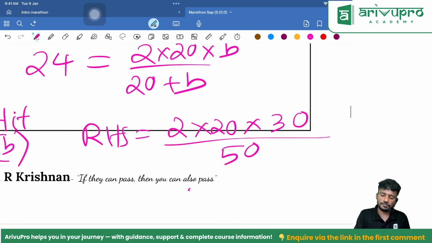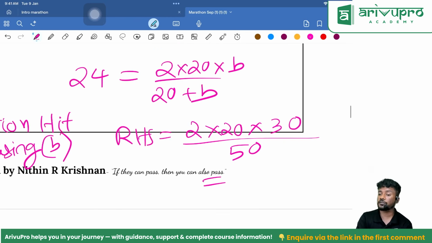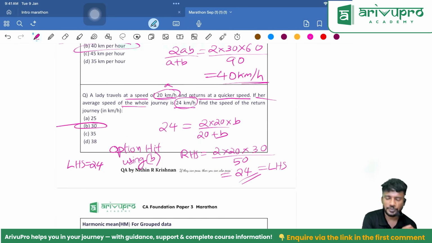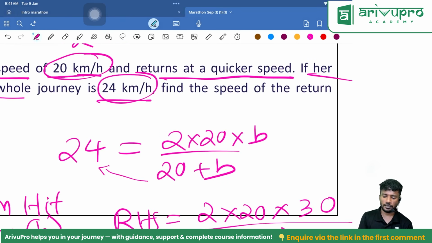How much is it? 40 into 30 is 1200, divided by 50, that is 24. That means LHS is equal to RHS. So our assumption is correct. Option B is your answer. Got the point? If not, you will cross multiply. So 24 into 20 plus 24B, then the right side will be 40B. Then just accordingly you can do it.